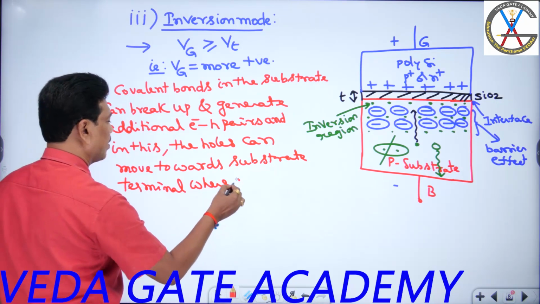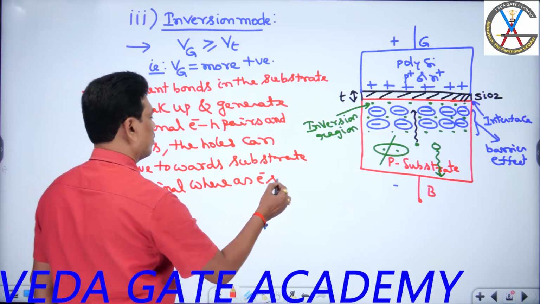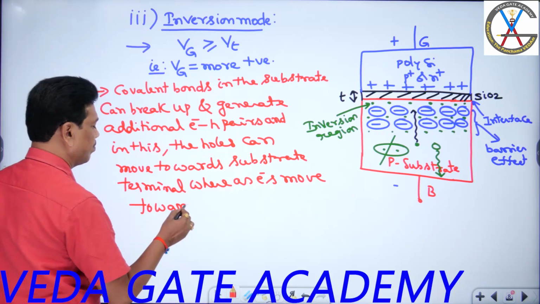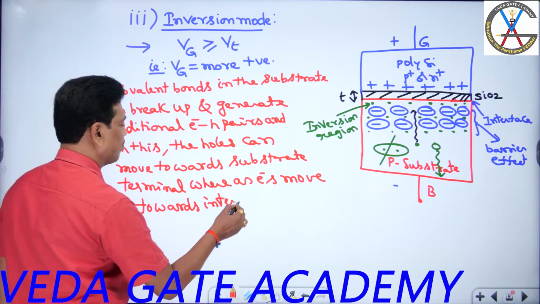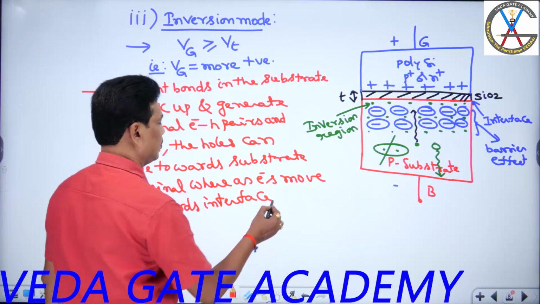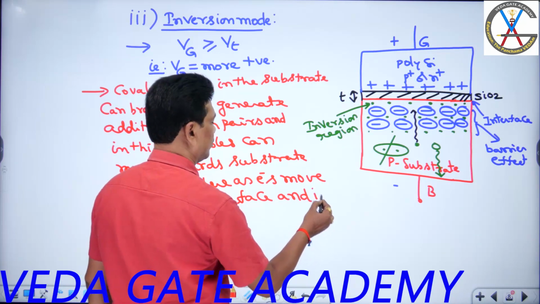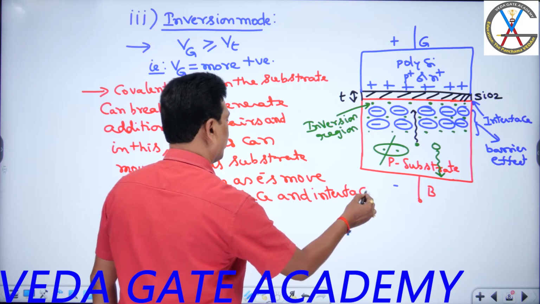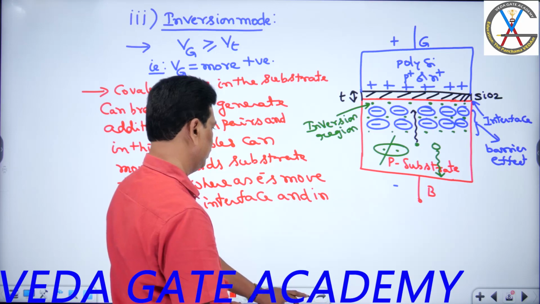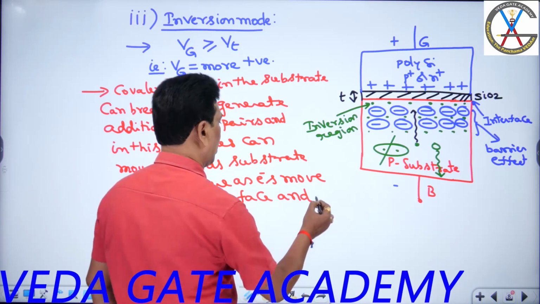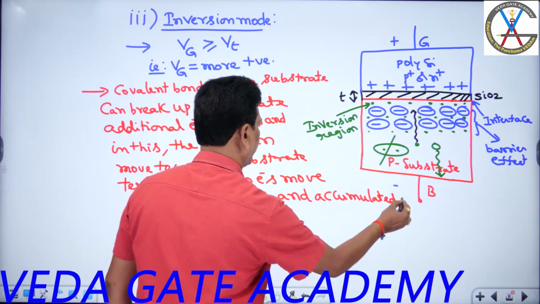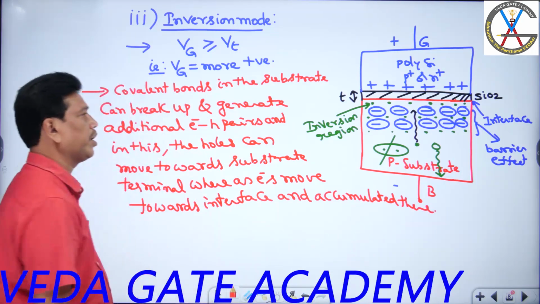Whereas electrons move towards the interface and accumulate there, students.